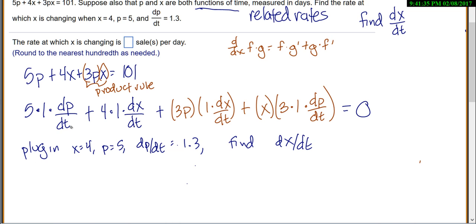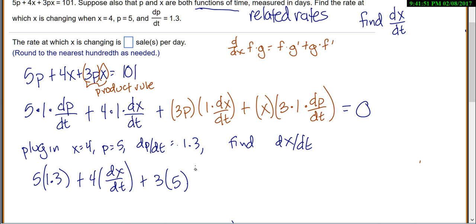So 5 times 1 simplifies, 5 dp dt is 1.3, plus 4 times dx dt, which I don't know yet, that's what I'm looking for, plus 3 times p, which is 5, times dx dt, plus x, which is 4, times 3 times dp dt, which is 1.3, equals 0.